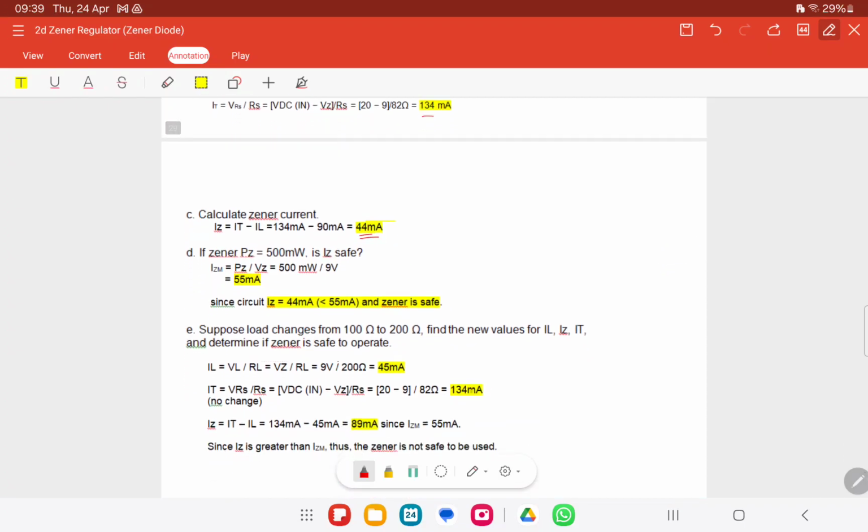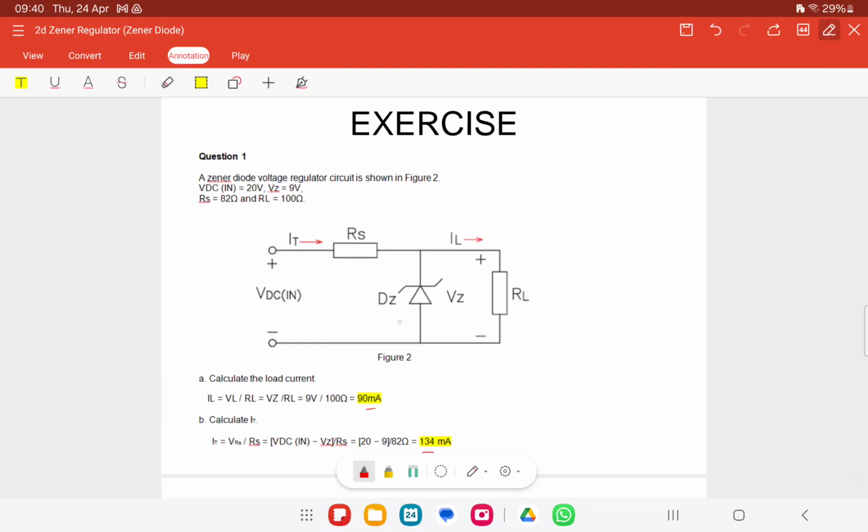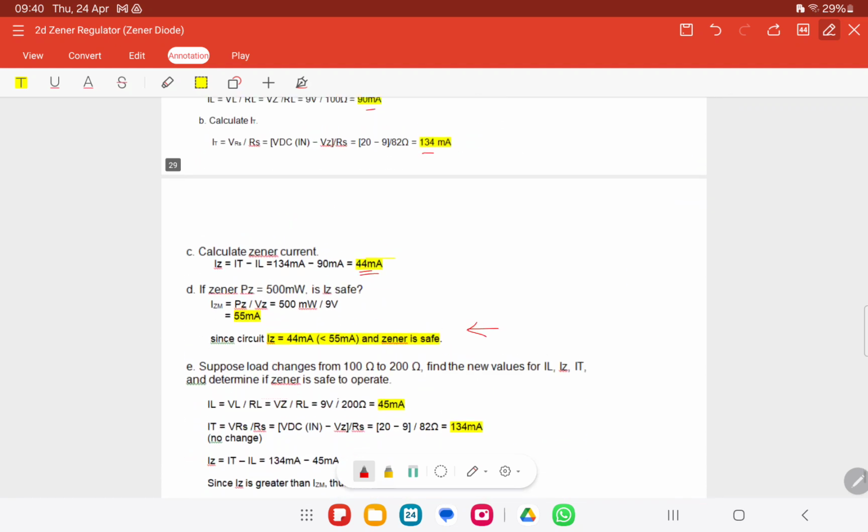After that, normally soalan dia akan suruh to determine it is either safe to be operate ataupun tak. Okay, so how to determine is, normally dekat dalam the Zener diode ni dia akan bagi. Kalau dia tak bagi dekat sini, either dia bagi dekat dalam information soalan or it is given dekat dalam segmen-segmen soalan dia tu. Okay, as for here dia bagi the power.